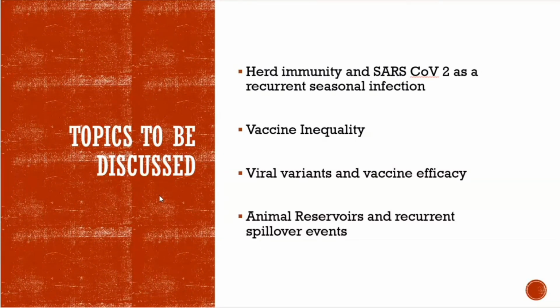So we'll talk a little bit about herd immunity in the context of SARS-CoV-2 as a recurrent seasonal infection, which is what we're getting ready to see here. We'll touch a little bit on vaccine inequality and how all of these things are linked, viral variants and vaccine efficacy, and then just a couple of slides on animal reservoirs and these recurrent spillover events or the potential for them.